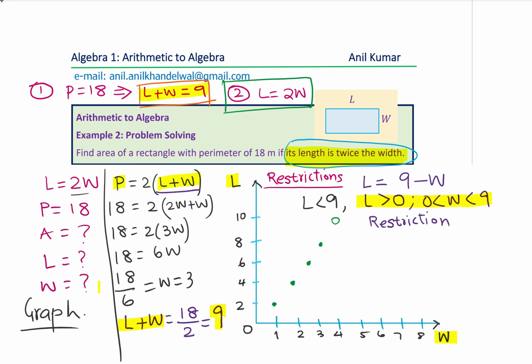So if I take, now let's do this, that the sum of length and width is 9, that really means that if the value of width is 1, and if I make sum as 9, then the length should be how much? Length should be 8, because now we are working on length plus width equals to 9. You see that? If it is 2, 2 plus 6 is 8, right?